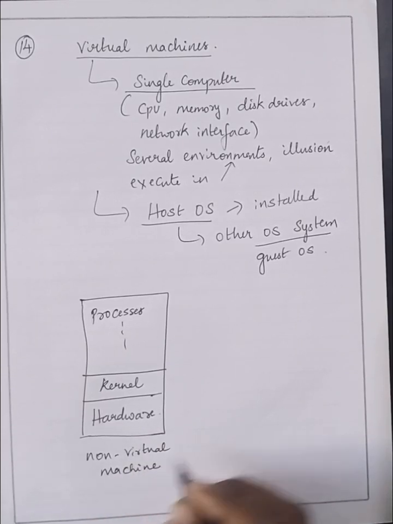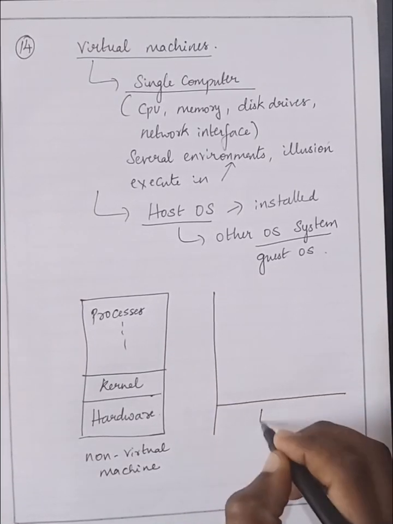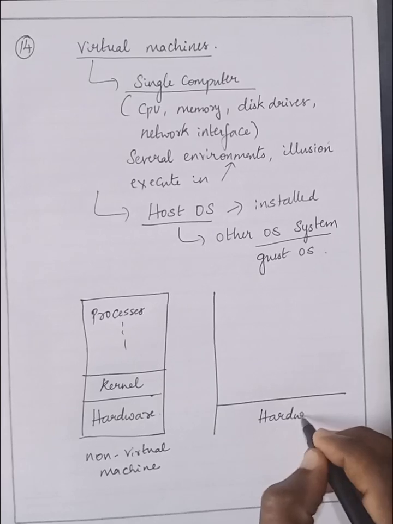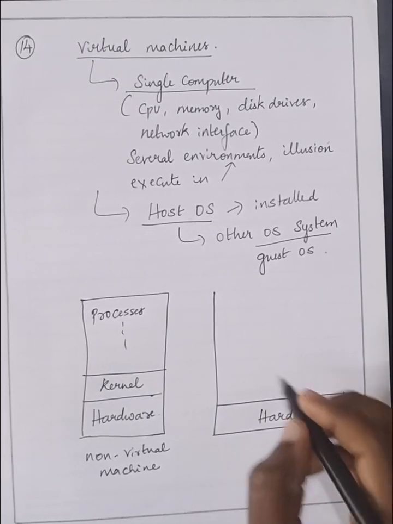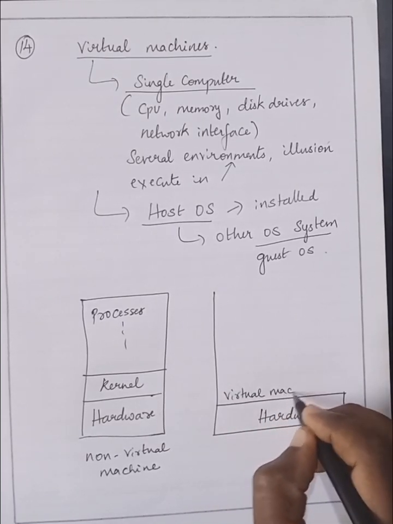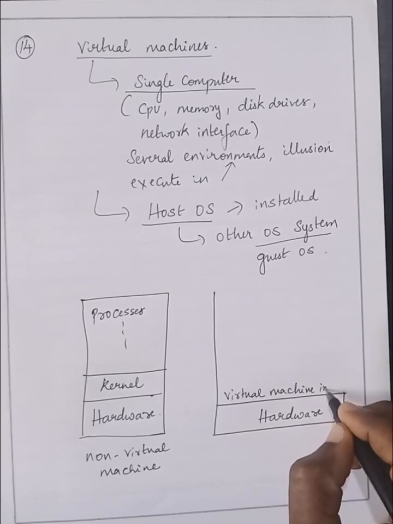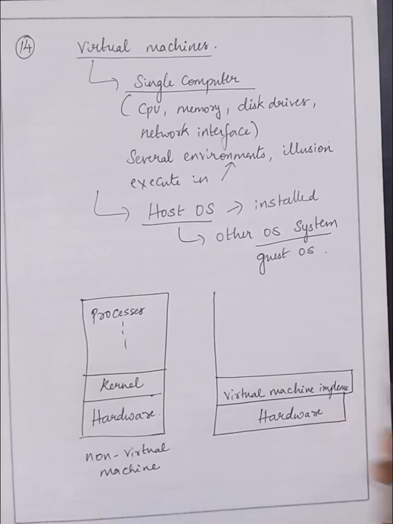But in the virtual machine, VMware, how it works: we'll have the hardware. On top of that we have a virtual machine implementation. Without the virtual machine implementation, we can't include VMware.